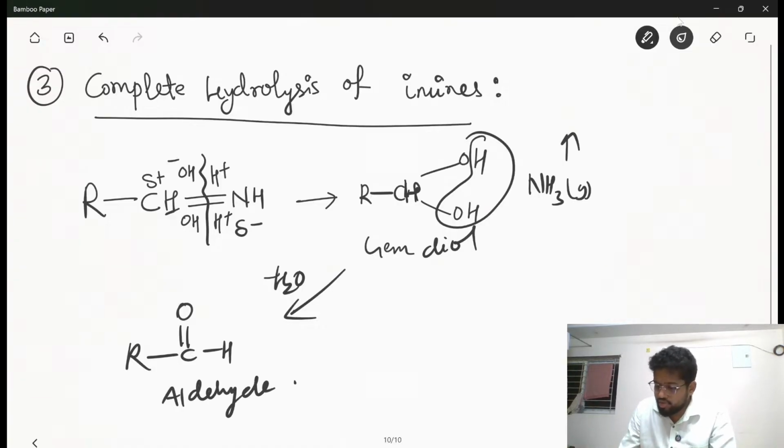So I'll give you a simple question here and then we go to the next part. We'll go to the next reagent, that is DIBAL-H. I'll give you one or two simple reactions to solve, and then we go to DIBAL-H.